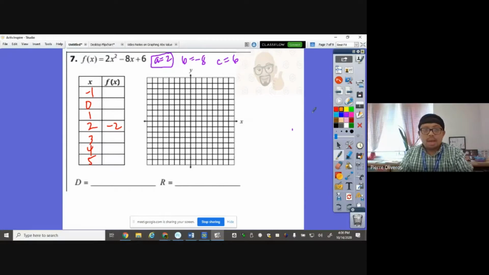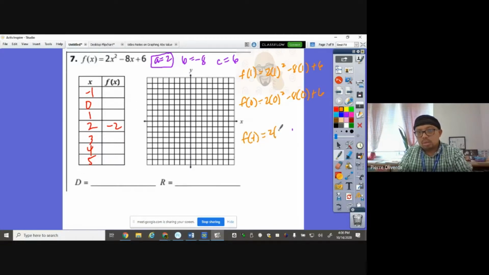So now we're going to plug in f of 1, 2 times 1 squared minus 8 times 1 plus 6. F of 0, 2 times 0 squared minus 8 times 0 plus 6. F of negative 1, 2 times negative 1 squared minus 8 times negative 1 plus 6.